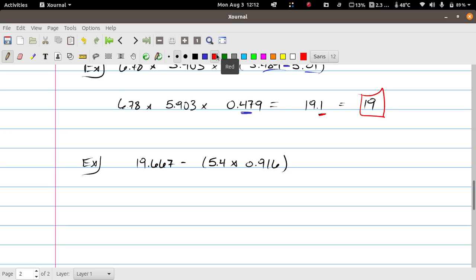Interesting. That has 2 significant figures. That has 3. So you have to apply the multiplication division significant figure rules inside the parentheses. Overall, we're going to be applying the addition subtraction to our final answer. But we need to know what we're working with in here in terms of rounding.